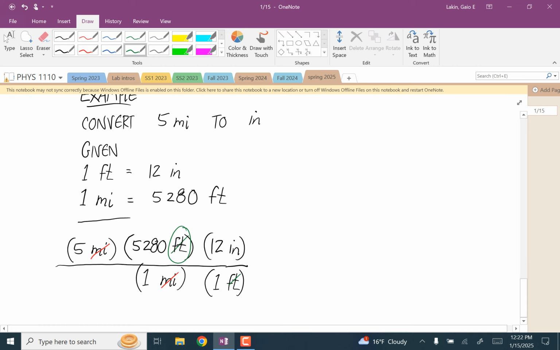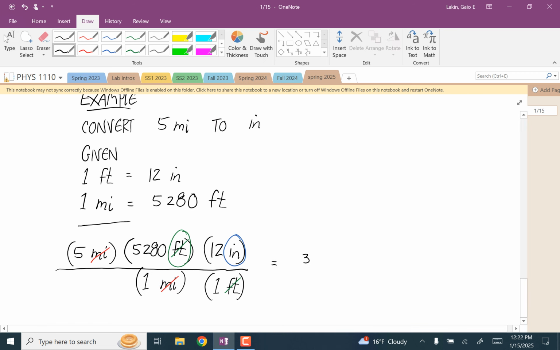Then the feet cancel, and the unit we're left with is inches. And if you go 5 times 5,280 times 12, you get the same thing that we got with the other approach, 316,800 inches. Anybody have any questions about that?